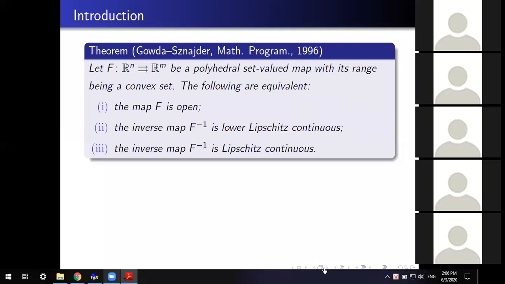The second, the inverse F minus 1 is lower Lipschitz continuous. And the last one, the inverse map is Lipschitz continuous. So the assumption of a polyhedral set-valued map is very important in this theorem. But by definition, polyhedral maps are semi-algebraic maps.